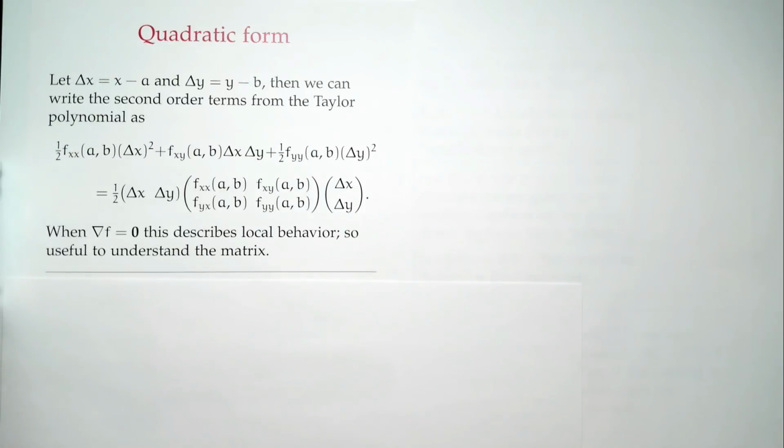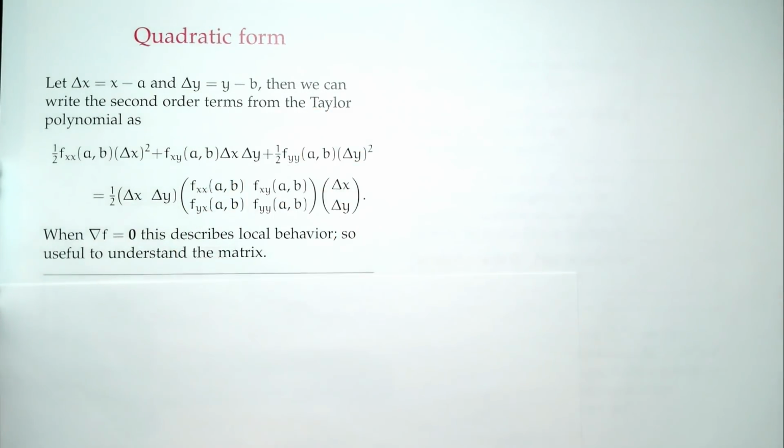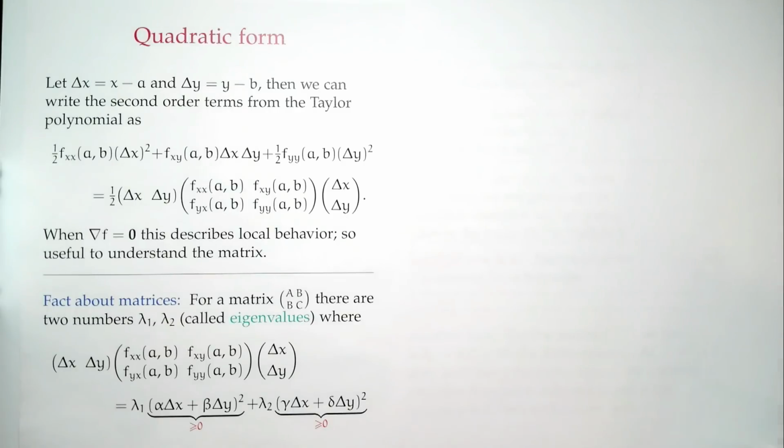Now, you will take a course, hopefully, in linear algebra. It's a great subject. But when you do, you're going to find out that there's this cool fact, that when you have a matrix of the form A, B, B, C, where A, B, and C are just numbers, then there are two other numbers called lambda 1, lambda 2. They're called eigenvalues.